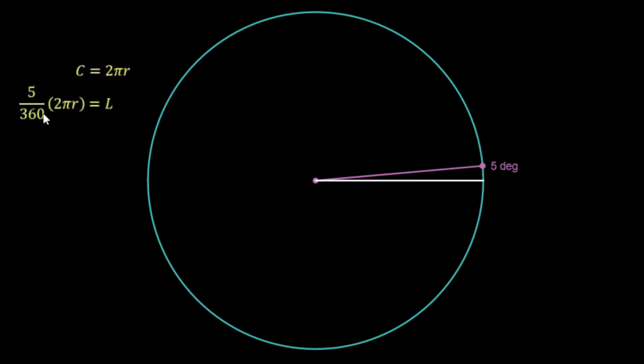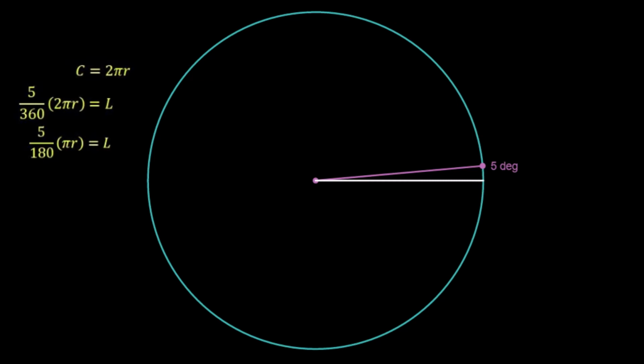And if we multiply this by the circumference, which is 2 pi r, we're going to get the little arc length. So 5 upon 360 times 2 pi r will give us the arc length, which we'll call L. Now we can divide out the 2 and the 360, and this will give us 5 upon 180.